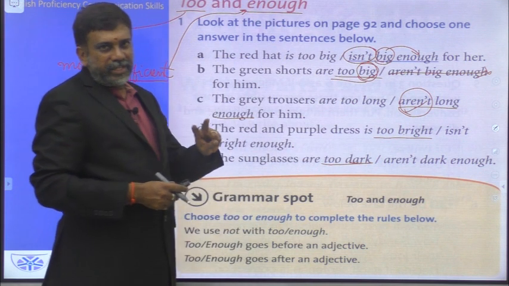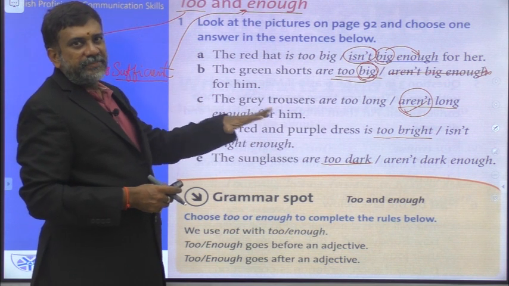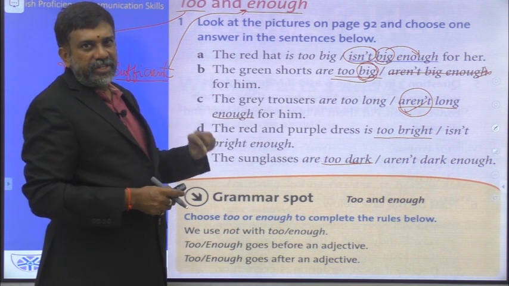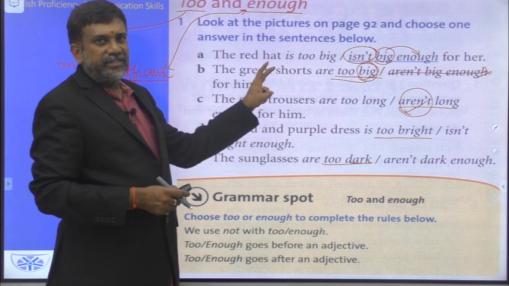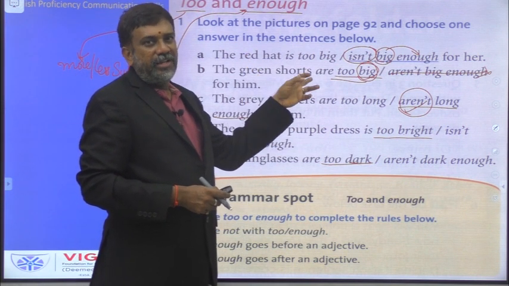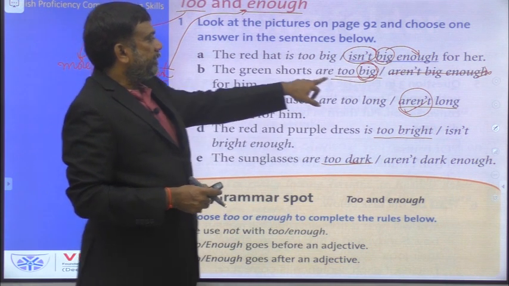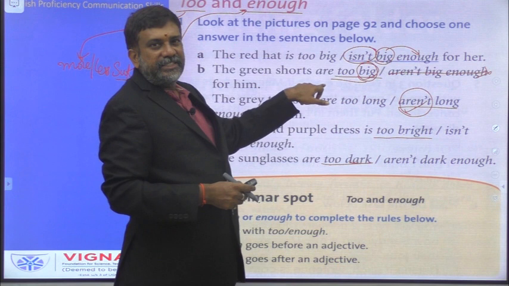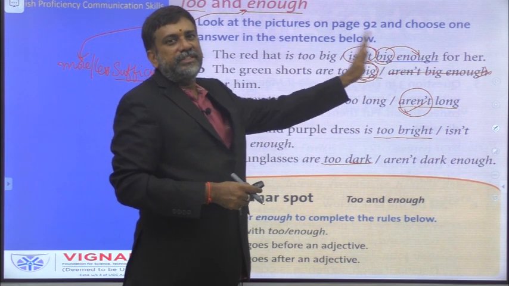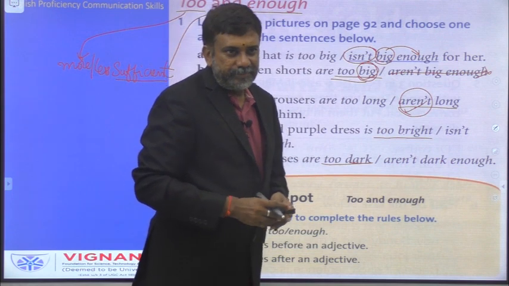So these two things, if you remember, one is it is more than sufficient or less than sufficient or sufficient. In certain conditions we have to use either "too" or "enough", and the position is before the adjective we use "too" and after the adjective we use "enough". That's it.